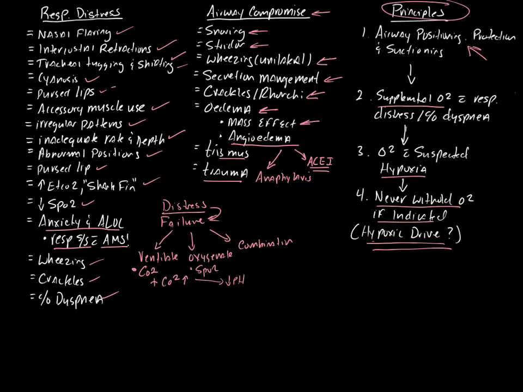So the answer to the question is, why do you suppose really sick lung disease patients who get oxygen, why do you suppose some of them quit breathing? Is it due to the hypoxic drive, or could you think of another reason why they would maybe get worse? It's a real simple answer.